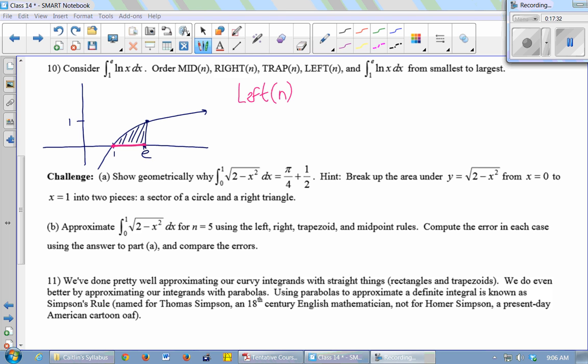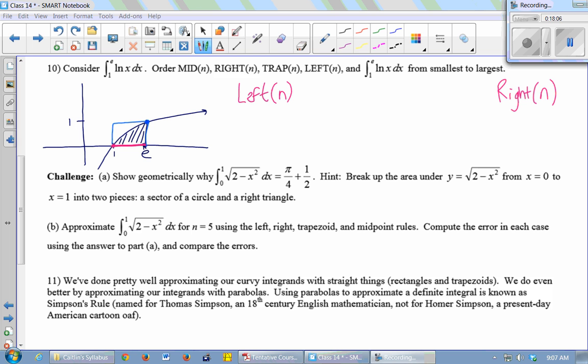And then for right, I would approximate this area by using the height of the function at the right endpoint. And so it would be that whole rectangle. And that would have an area of e. And it would be a big overestimate. So let's put right as our hypothesis for the biggest.